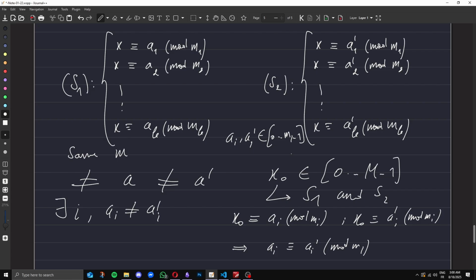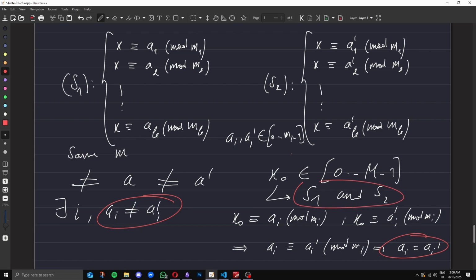Okay, they're between 0 and mi minus 1, which actually means that they are equal, which contradicts this right here. Okay, so our initial supposition is false.